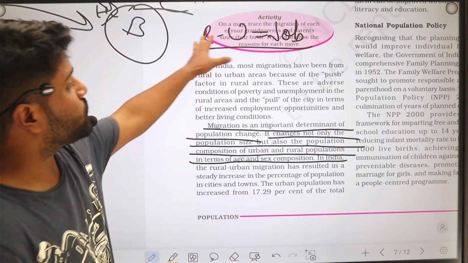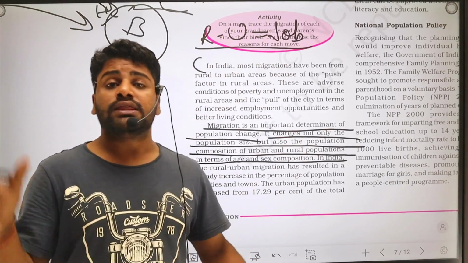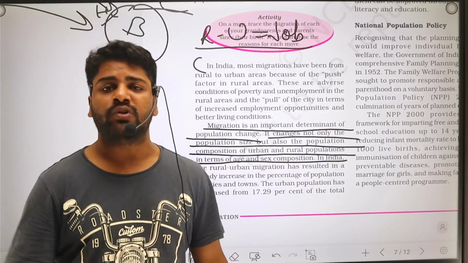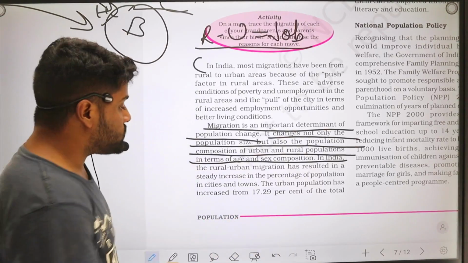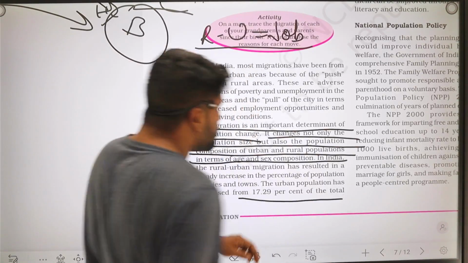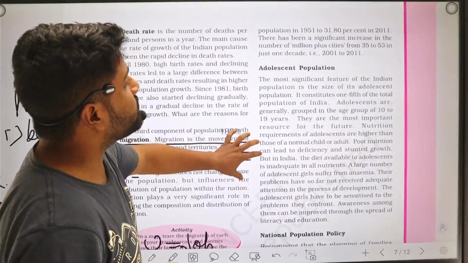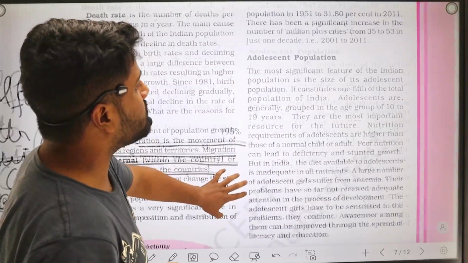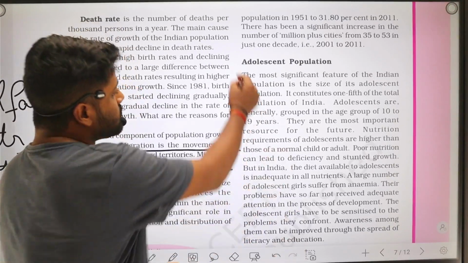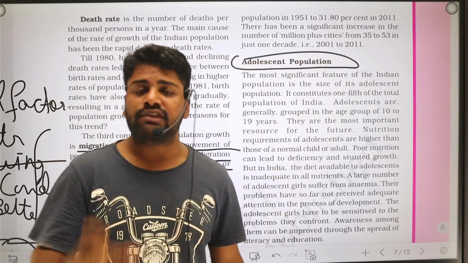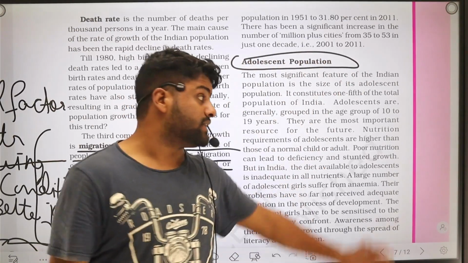Due to this rural to urban migration, the population in rural areas is quite low and the population in urban areas has risen, from 17.29 to 31.80% in 2011. Now, adolescent age. The most crucial age of a human being is the adolescent age.